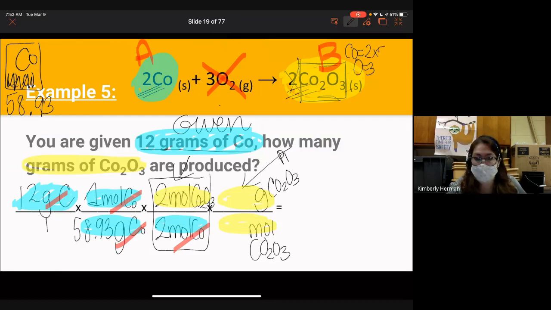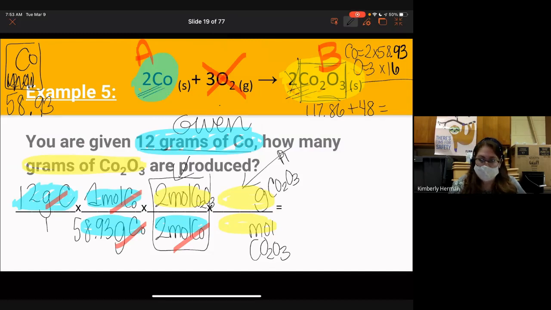So cobalt was 58.93, and we saw oxygen is at 16. Now I've run out of space, so follow along on your calculator. If we do 2 times 58.93, we get 117.86, plus 3 times 16 is 48, and then we'll add those two together to get the final molar mass.